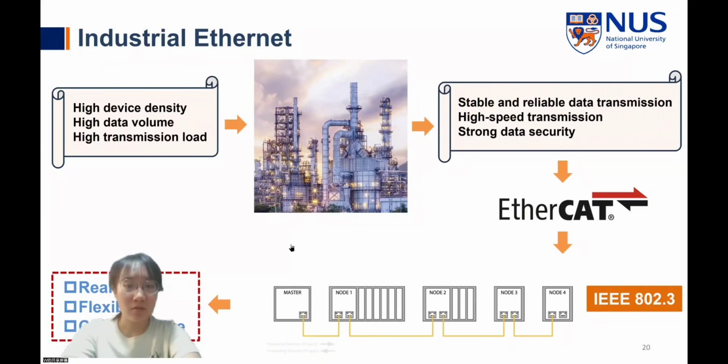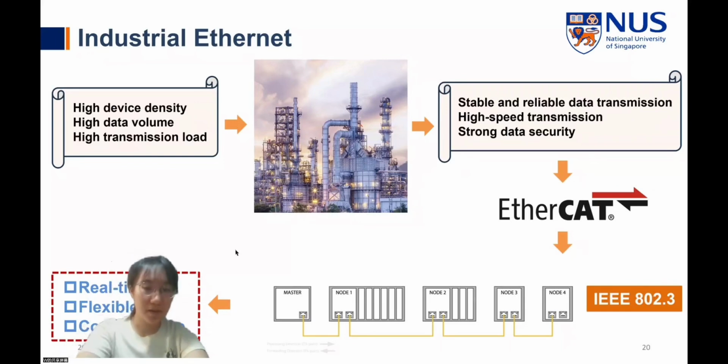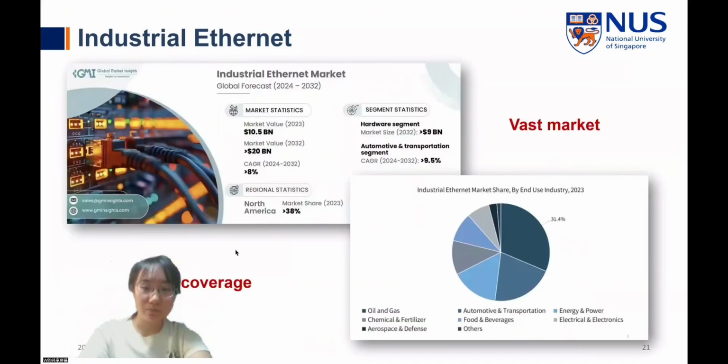It will pass through each device, and that device will read its own data and insert new data back into the frame before passing it on. Once the frame reaches the last node, it will be sent back to the master using Ethernet's full duplex feature.